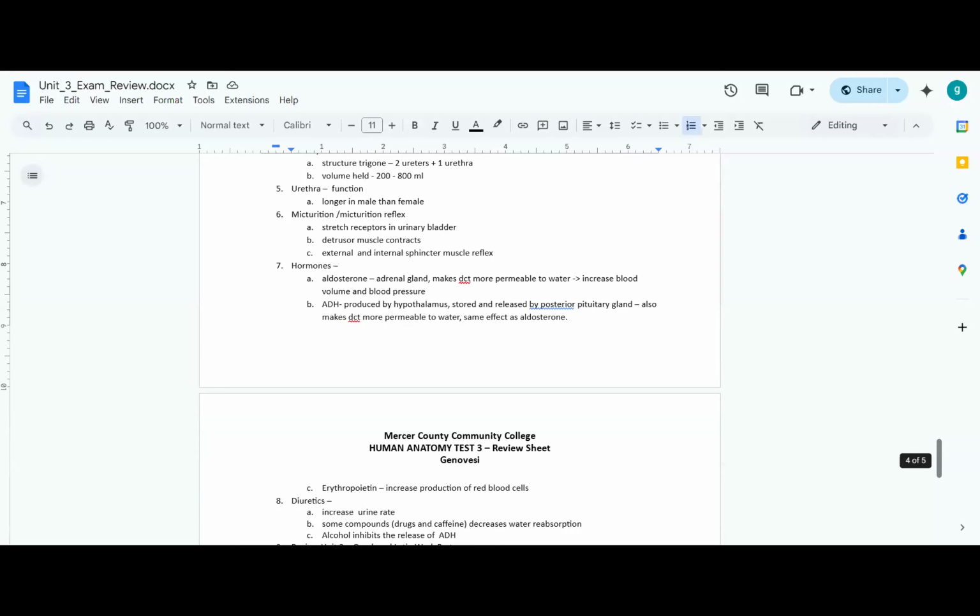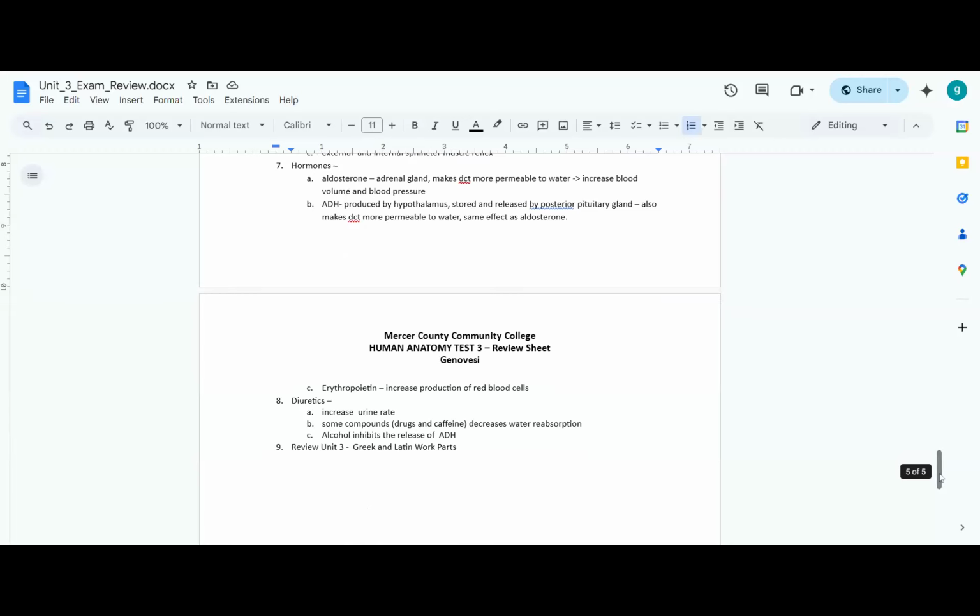It also makes the distal convoluted tubule more permeable to water. So aldosterone and ADH have the same outcome. They're just triggered differently. Aldosterone by a decrease in blood pressure, ADH by a detected decrease in water concentration of your blood, or an increase in solute concentration.